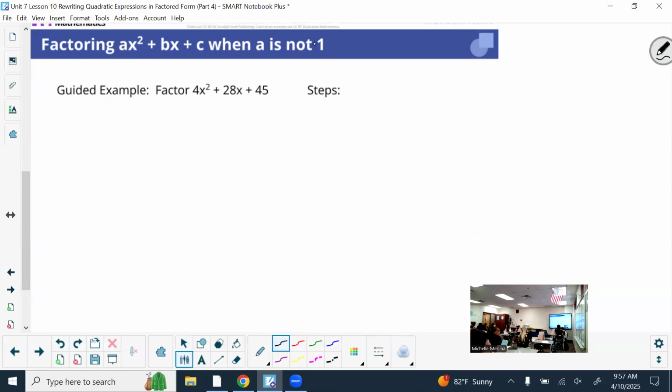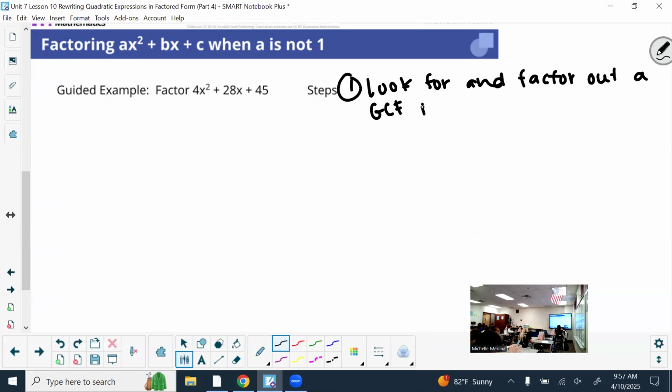So your first step should always be, in any factoring situation, to look for and factor out a GCF if necessary. Because there won't be a GCF in every single problem, that's why we say if necessary. But if there is, you have to factor it out first, otherwise you will get the wrong answer if you continue with the rest of the steps.